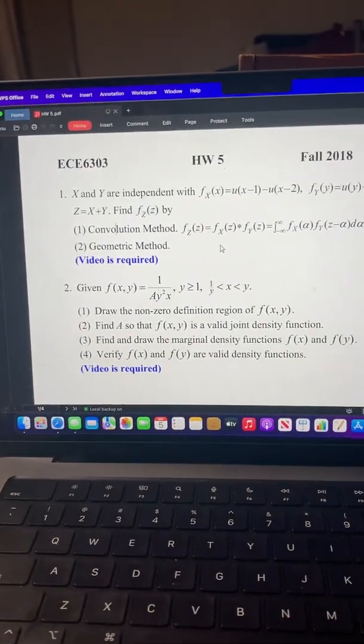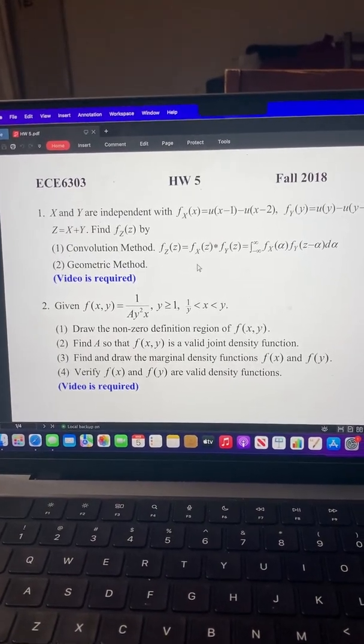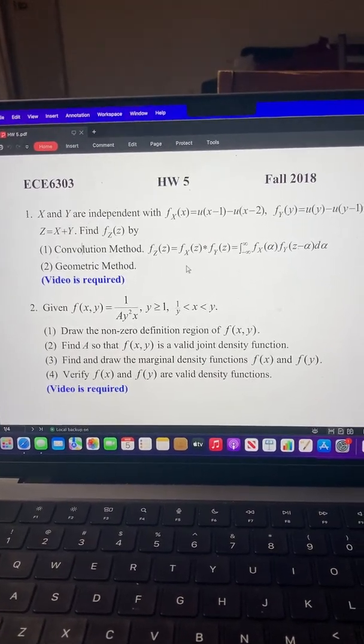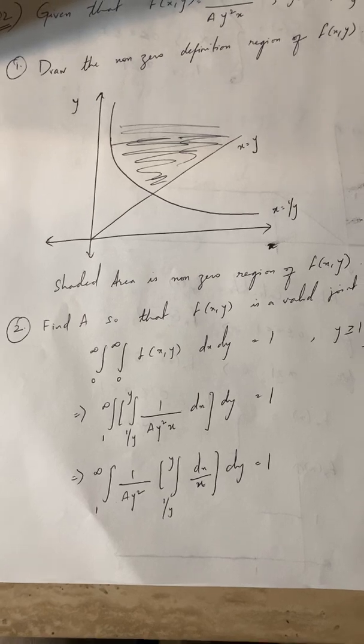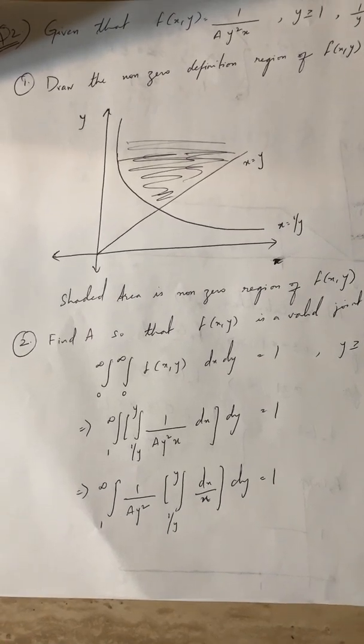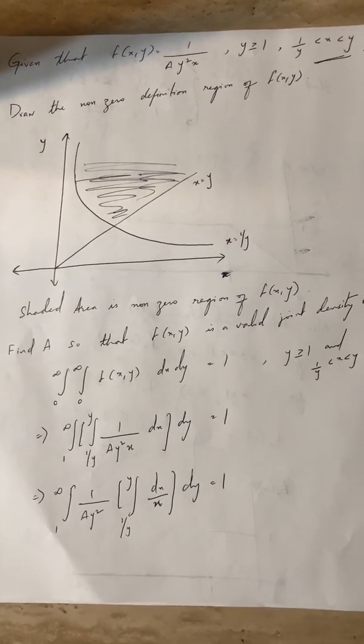In part 2 of the question, we are told to calculate the value of a, so that f(x,y) is a valid joint density function. For this to happen, the double integral from 0 to infinity of the joint density function over the area should be equal to 1.